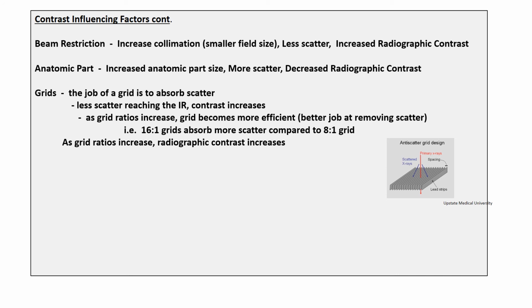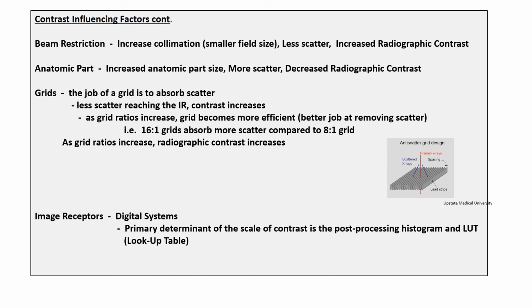Well, that's going to give me then what? A higher contrast, right? As grid ratios increase, the 16:1 grid absorbs more scatter compared to the 8:1 grid. So as that grid ratio goes up, 8 to 16, I get rid of more scatter, I get rid of more grays, contrast goes up. More black and white.